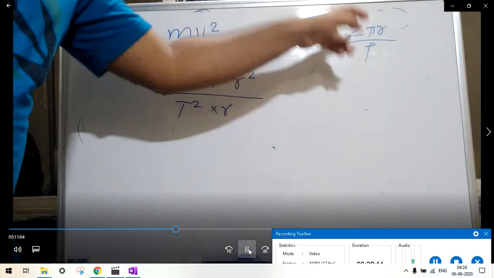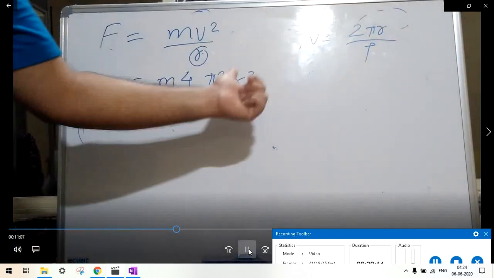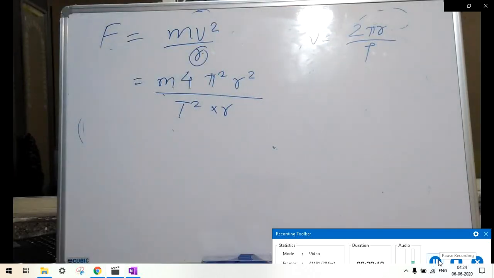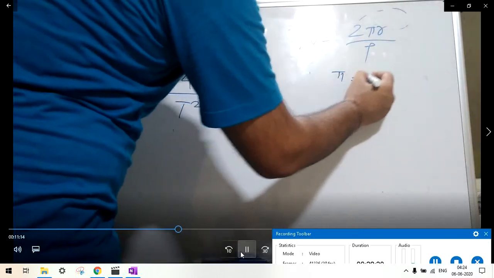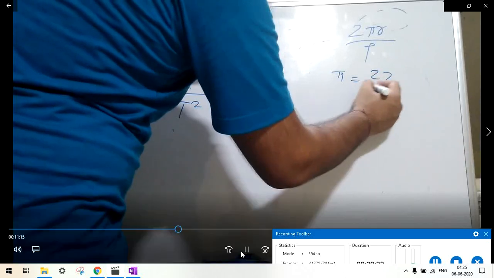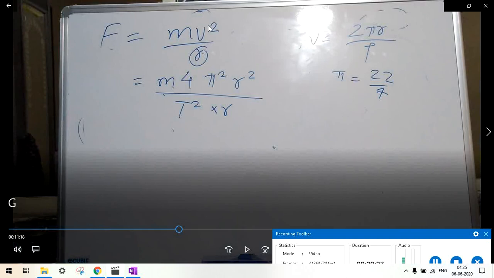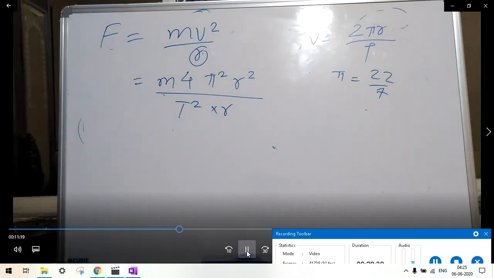Because the square of this term will be 4, since 2 square is 4, pi square will be pi square, and r square will be r square. I hope you all are familiar with pi, the value is 22 by 7. What we have done here is simply substitute the value of v square in this same equation.